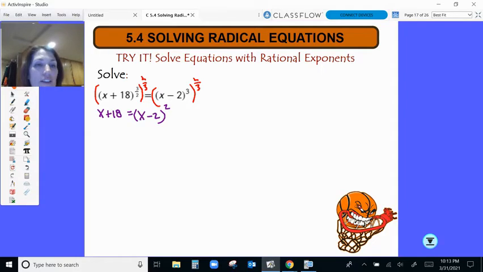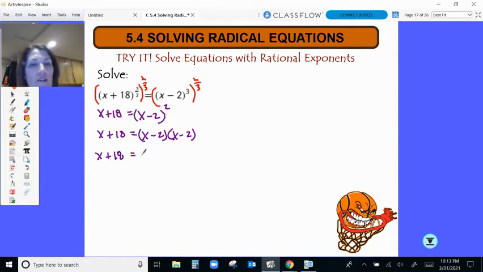Okay, so now if I write this out and simplify it, x plus 18 equals, and this is the same thing as x minus 2 times x minus 2. Okay, I'd like to get you to the point where you don't have to write it out like that. Okay, so x plus 18, you can just go straight to x squared minus 4x plus 4 here. So now we just have a quadratic here, so we need to get everything equal to 0.